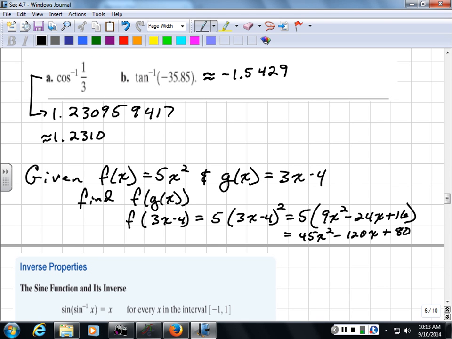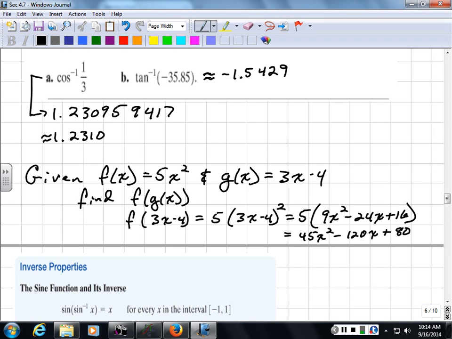Yeah, it's plus 80. Why? Because you take 3x minus 4 and FOIL it, negative 4 times negative 4 is a positive 16. Remember, this is in the form of a minus b squared. A minus b quantity squared is equal to a squared minus 2ab plus b squared. Right? Okay. All right, so cool.